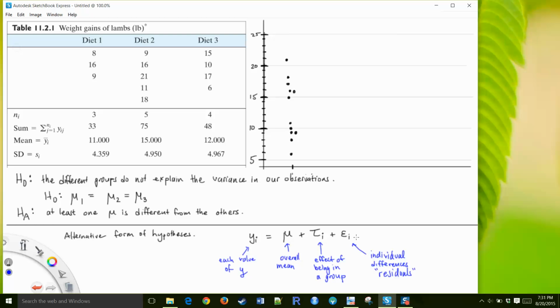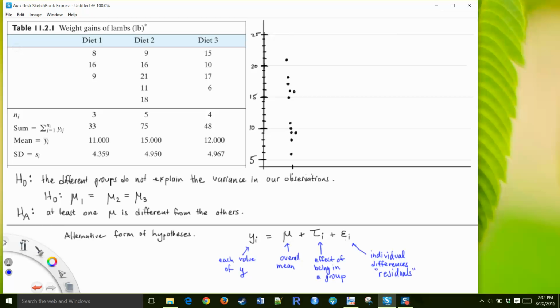Okay. So with the alternative form of the hypothesis, the null hypothesis would be that tau 1 is equal to tau 2, which are both equal to 0. Or tau 1, tau 2, and tau 3. Basically, all taus are equal to 0.